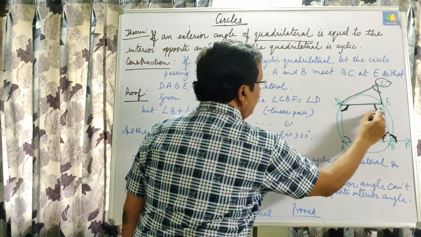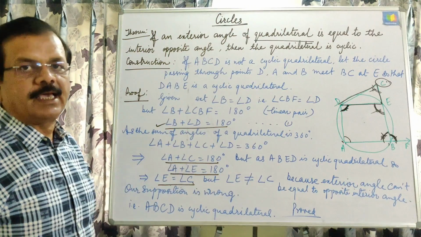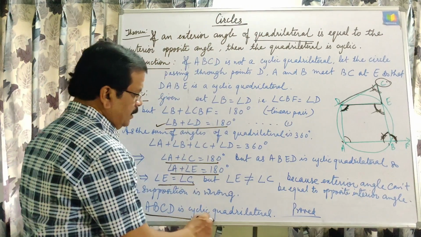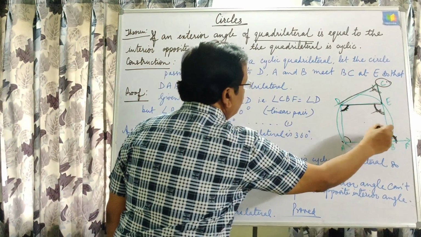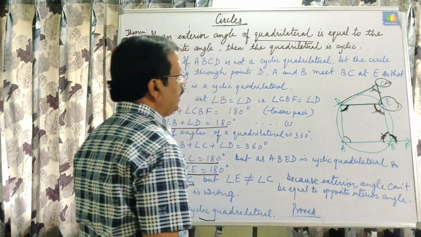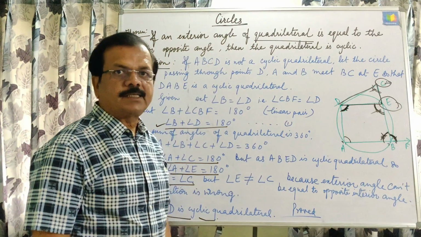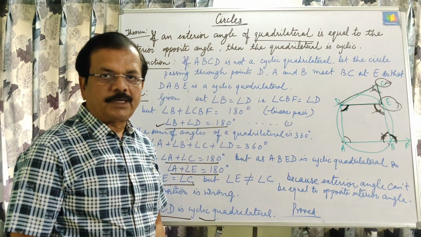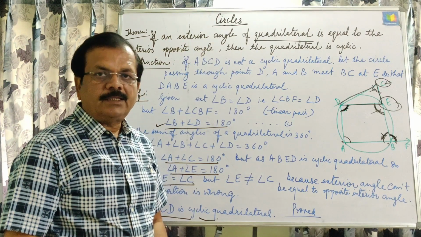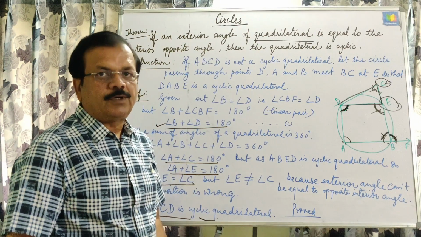An exterior angle cannot be equal to the opposite interior angle, and that is why again our supposition is wrong, and now ABCD will be a cyclic quadrilateral, which means this point C should coincide with the point E. And this is all about angle properties and cyclic quadrilateral properties of a circle. This way we studied 9 theorems. Now we will do the questions related to these theorems.